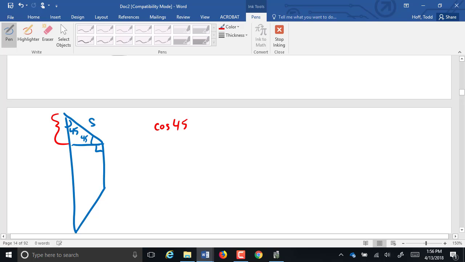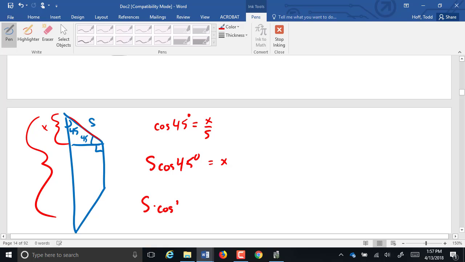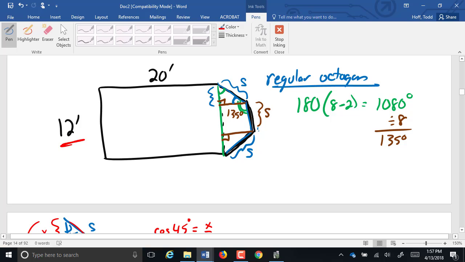Well, cosine of 45, actually sine of 45 would work too, equals that length over s, right? So s times the cosine of 45 equals that length. s is the length of the side here. So this total length across here is s cosine 45 plus s plus s cosine 45. That all has to add up to 12 feet.